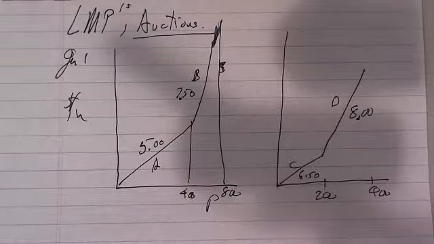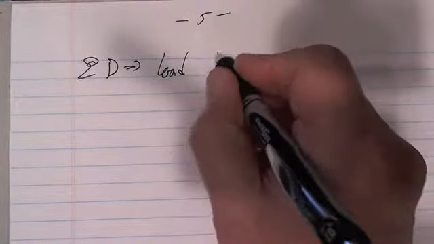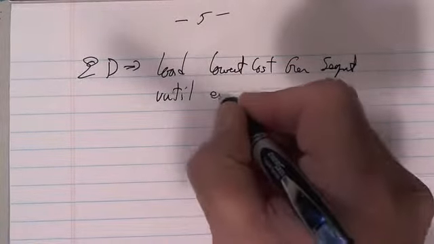Now, what we're going to say is, first of all, in the absence of any other restraints, there's a simple way to do economic dispatch for this thing. Economic dispatch: load the lowest cost generation segment until exhausted.